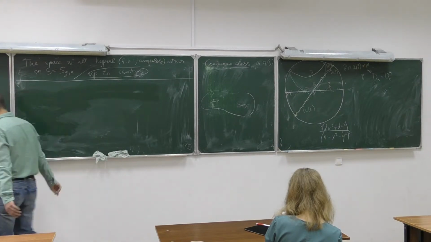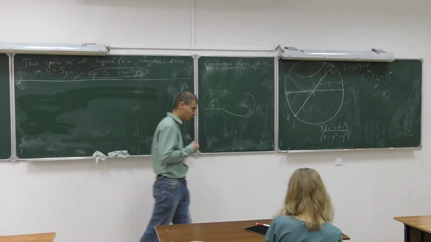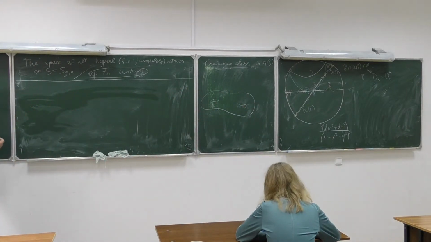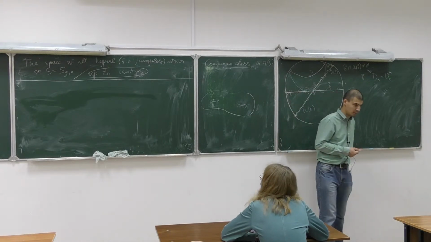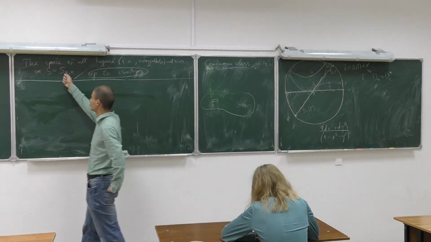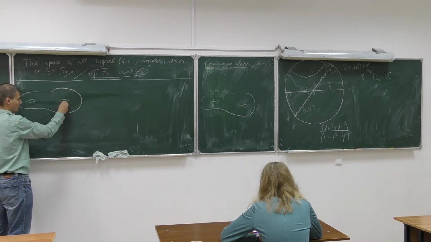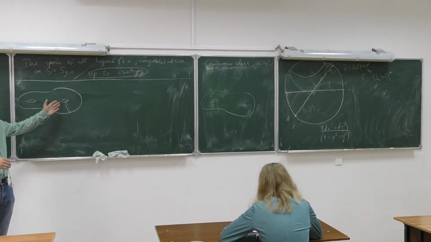First of all, to introduce hyperbolic metrics and to study them, it is very convenient to cut the surface along closed geodesics. So the approach will be like that. If we consider some hyperbolic metric on a surface, and we find here a closed geodesic, and we cut along it, we may cut in two ways.